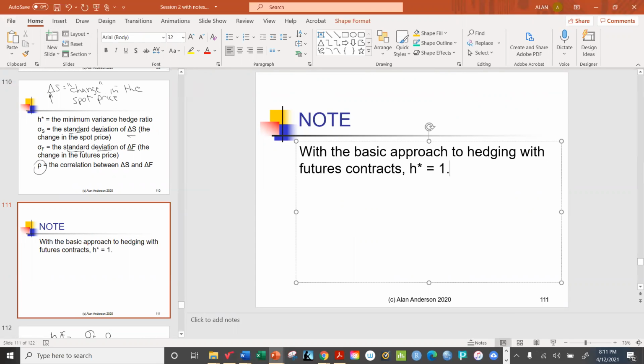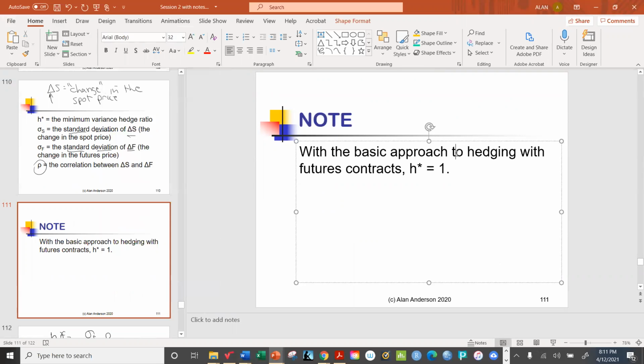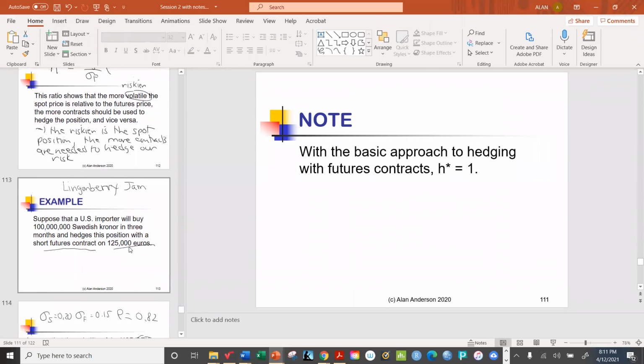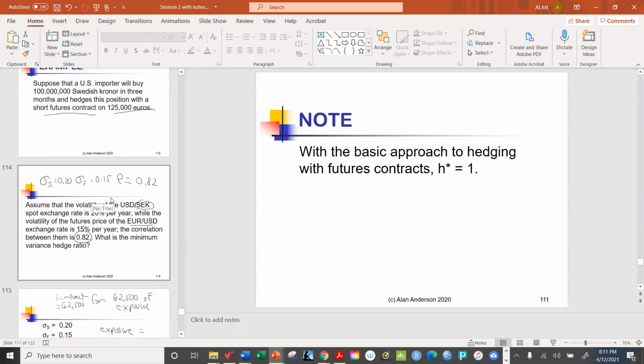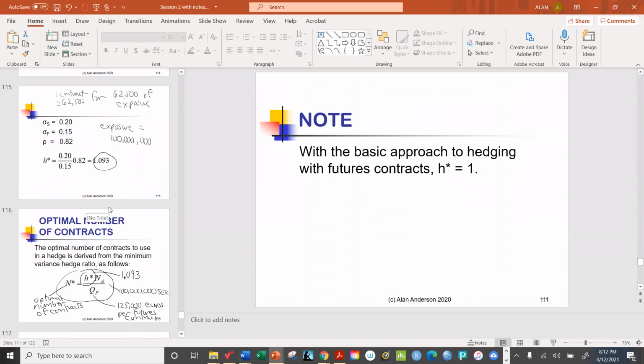It's that simple. I mean, we don't have to do any calculations. H star is just equal to 1. And you can see why it's called the basic approach, because it's really simple. Instead, in this case, we got 1.093, which means if we'd used the basic approach, we would have been somewhat under-hedged. Which means we would have been exposing ourselves to a little bit more risk than we are with this more sophisticated approach to hedging.